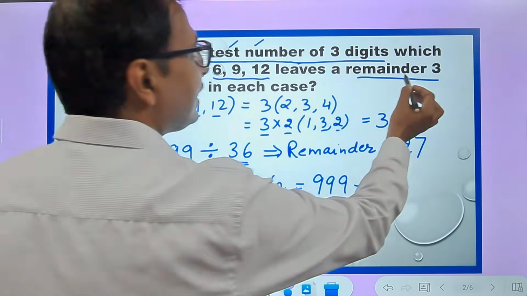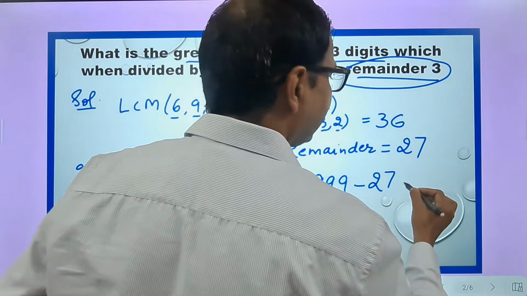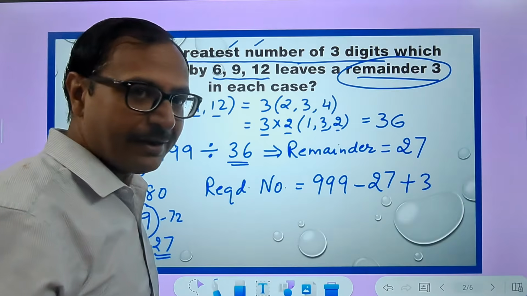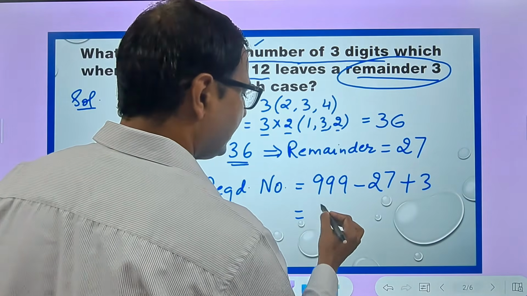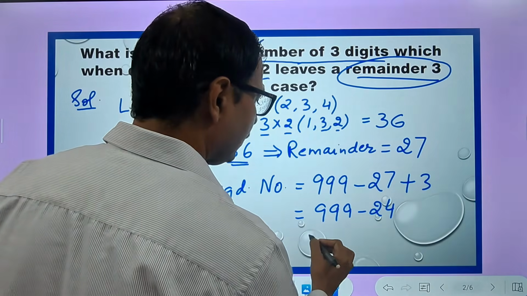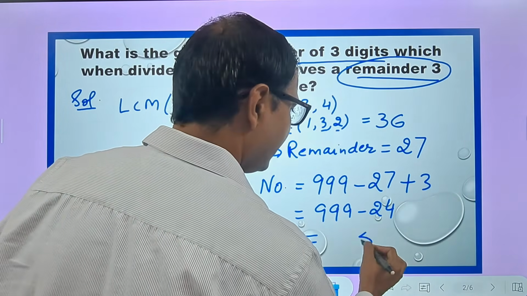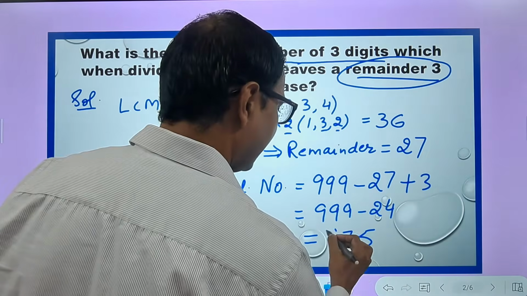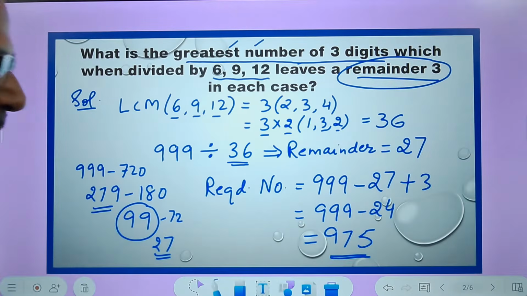But we need a remainder 3. So add 3 to that, and you will always get the remainder 3. So what will happen here? 999 minus 24, and you get your answer. This is 5 and this is 7 and then 9. 975 becomes the answer for this particular question.